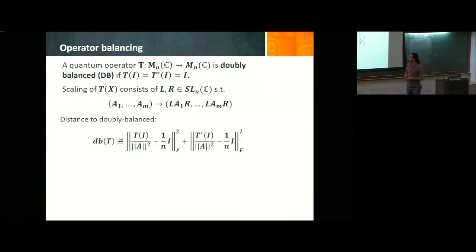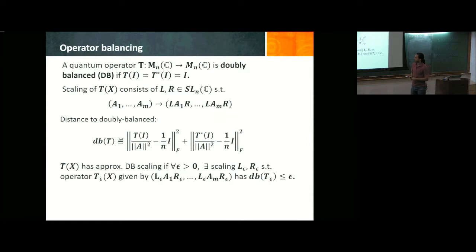And again, the generalization of doubly balanced is exactly what you'd expect: how far is my T(I) from being identity, and how far is my T star of I from being identity. It's the generalization of that sum. You don't need to figure out what the formula is, just conceptually it is the distance to being doubly balanced.